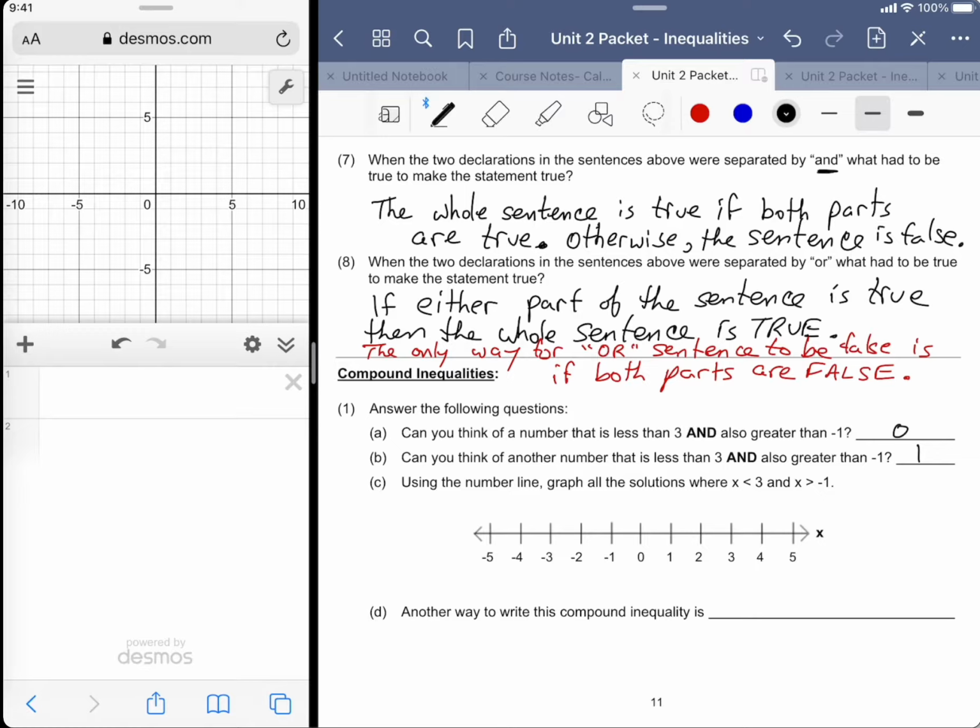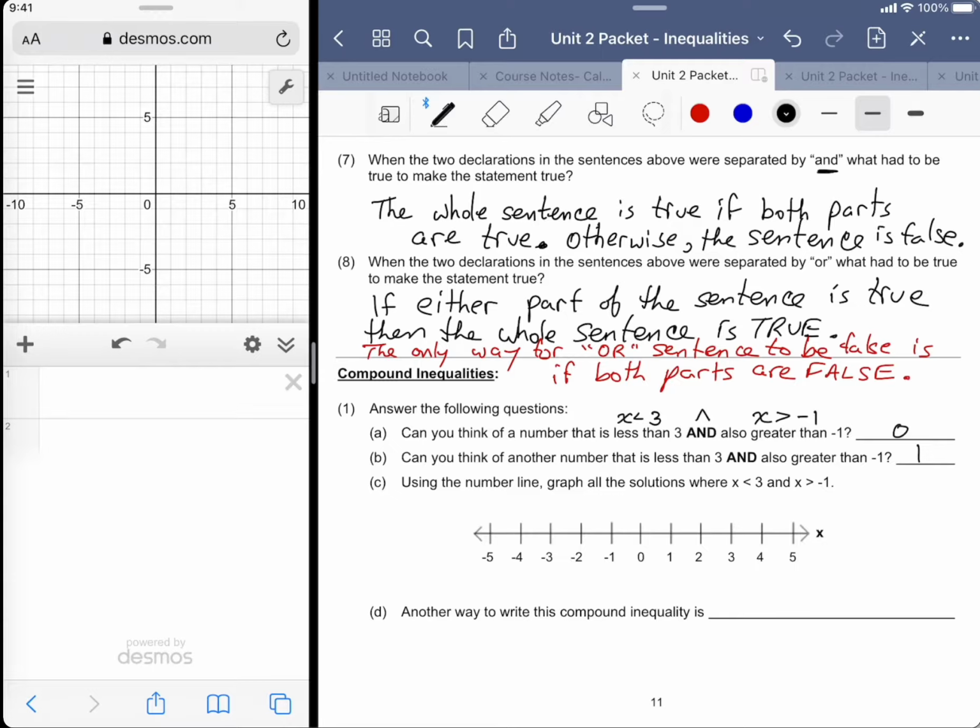But in terms of a graph, a number that's less than 3, so x would be less than 3. And that number x would be also greater than negative 1. All right, so I need x to be less than 3 and greater than negative 1.